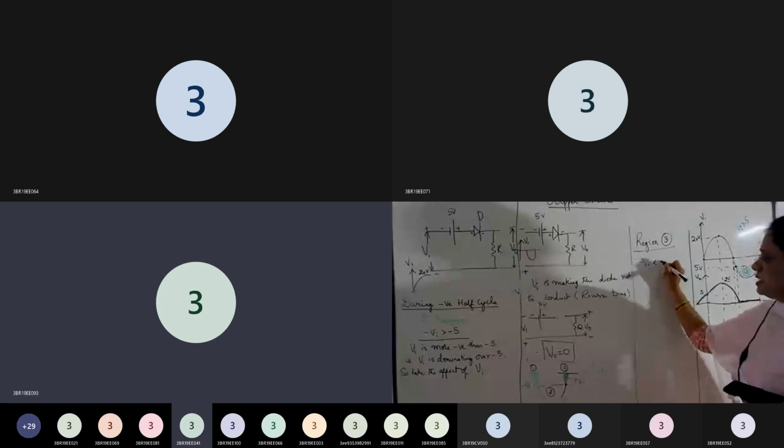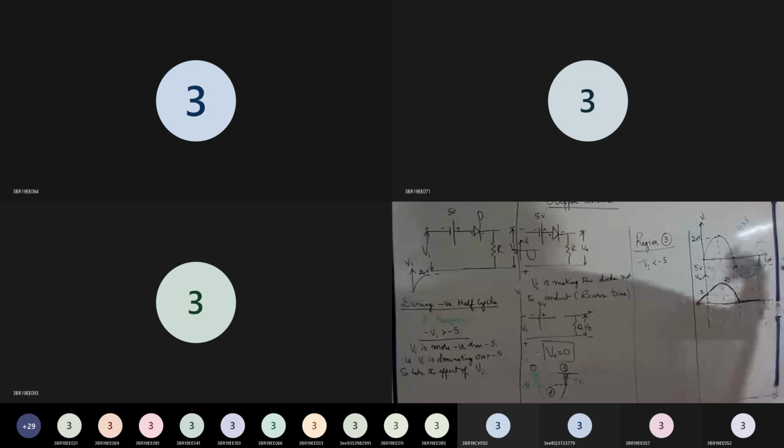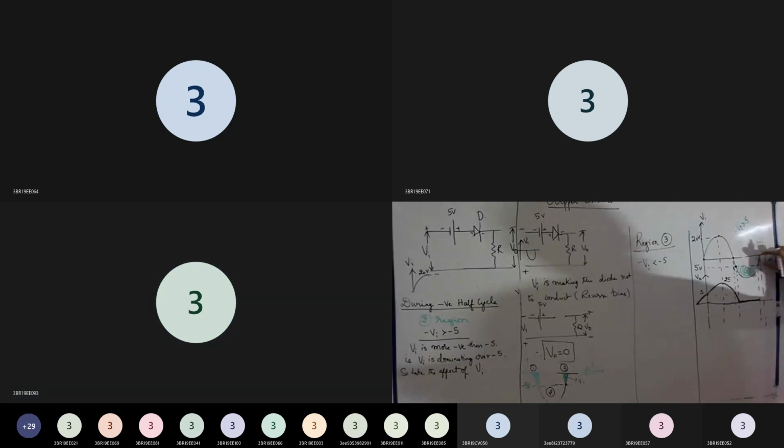Minus VI is less than minus 5. Which one is dominating? Minus 5 is dominating, correct?